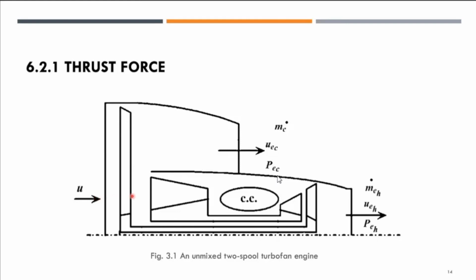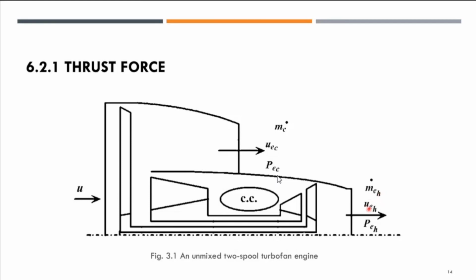Only 20% of the air will go into the core of the engine, where you have the fan blade, then the compressor section, the combustion chamber, the turbine, high pressure turbine, low pressure turbine, and then the nozzle. Over here you have the mass flow rate at the exit. H means hot.